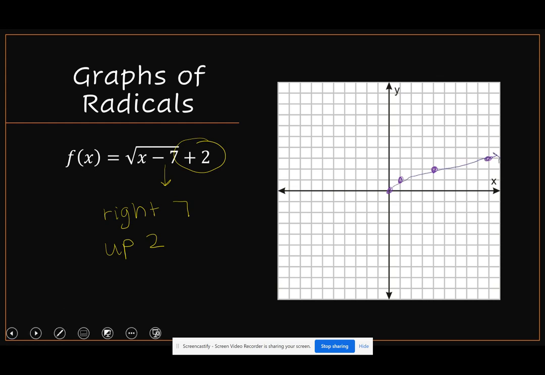So we're going to move that right 7 and up 2. So now it's just starting here, and then it would be 1, 1, and the 4, which will be off the graph, up 2. So our graph would just start there now instead.